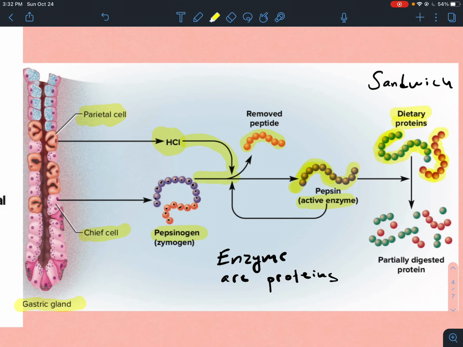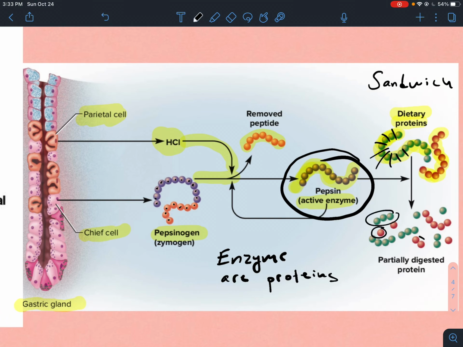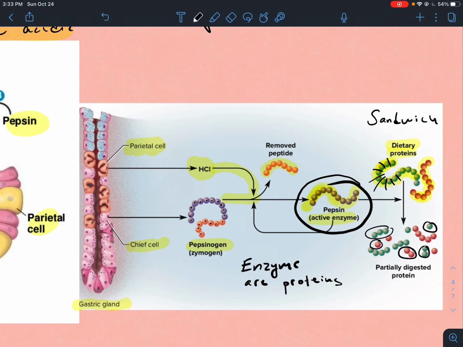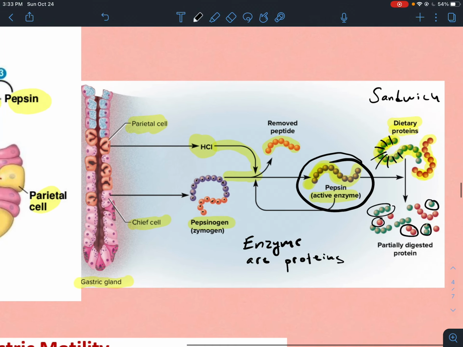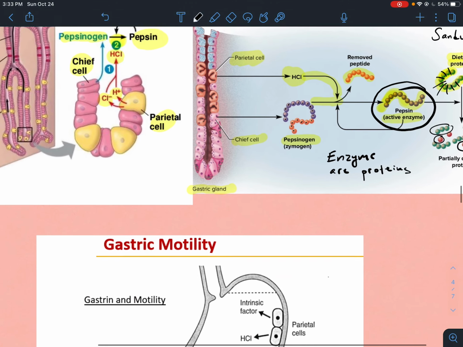And that's what pepsin can do. Pepsin will go and start to cut up the dietary proteins into smaller bits of amino acids. And that is, of course, a perfect example of chemical digestion, taking a large molecule of protein and slicing it into smaller pieces of protein.